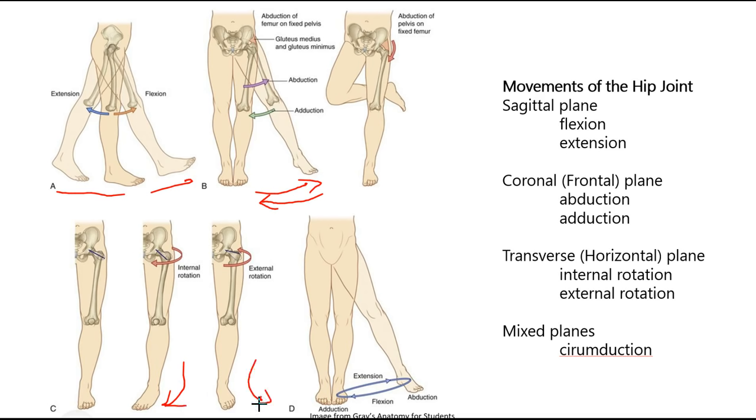Note that a consequence of internal rotation at the hip joint is a foot that appears turned in, while a consequence of external rotation is a foot that appears turned out. But the motion is generally occurring within the hip itself. Picture D here shows a combined planar motion called circumduction.